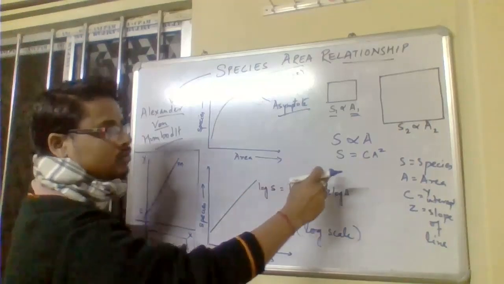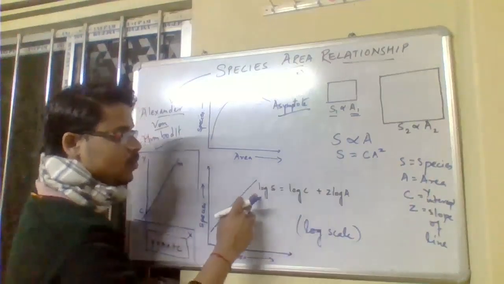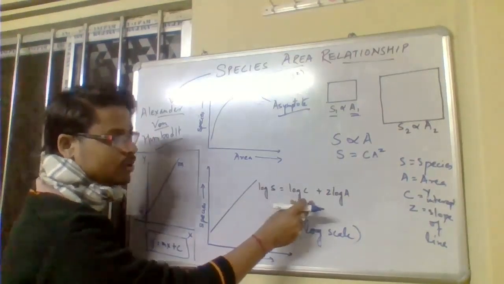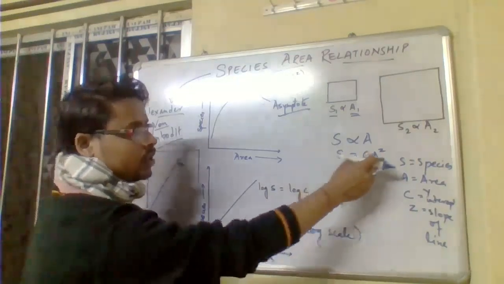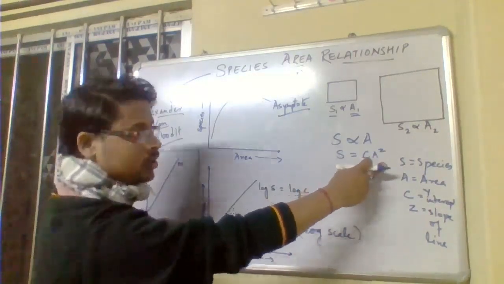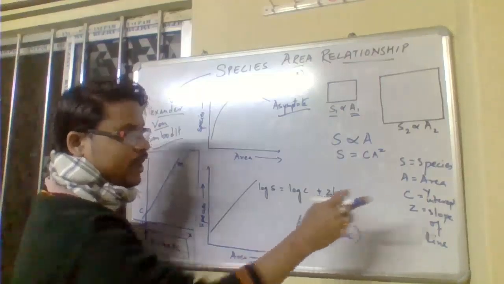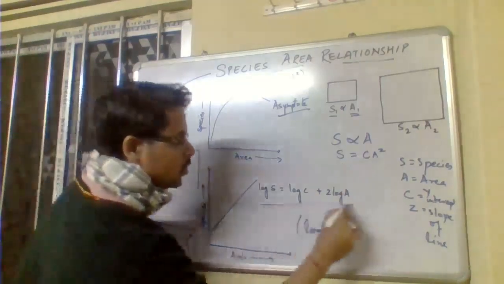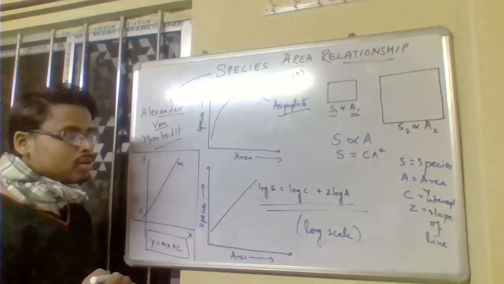So here S = CA^z will become log S = log C + z log A, since we know that when there is a natural base logarithm, the power comes down as z log A. This is how we write it in log scale.